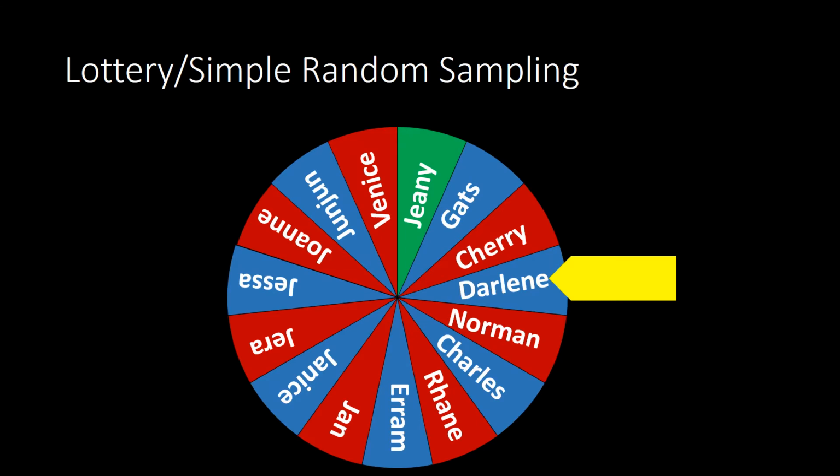The first one is lottery or simple random sampling. Now, from the word lottery, meaning to say you are going to base your selection merely on chances. So there are different ways of doing the lottery or simple random sampling.